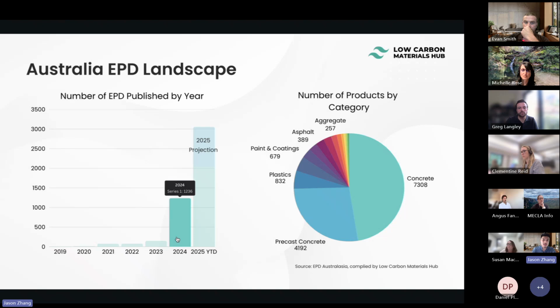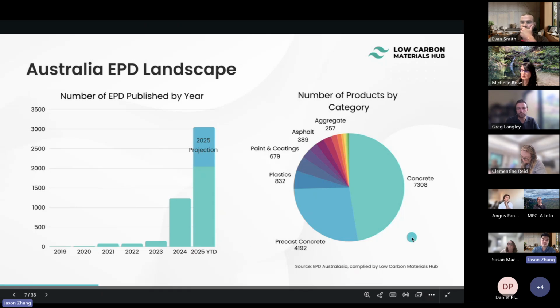That's almost 9 times. This year we already have over 2,000 published. From conversations with EPD Australasia, there'll be over 1,000 more coming by the end of this year, so it will be over 3,000 EPDs published by the end of the year. And this pie chart also shows the distribution of the EPDs.